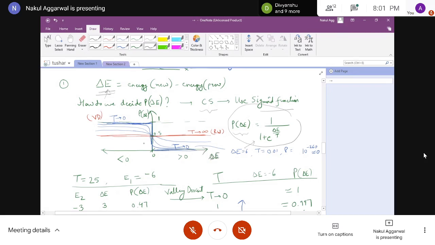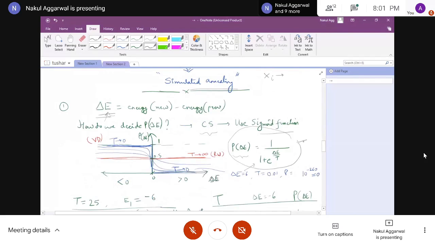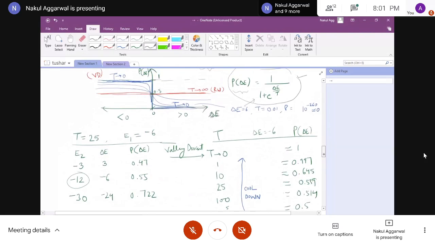I will discuss all these curves, but if this is the probability function that we're going to use, let's look at some values. Say that our energy E1 is -6, like we saw when all those 6 spins were aligned parallelly to the central spin.